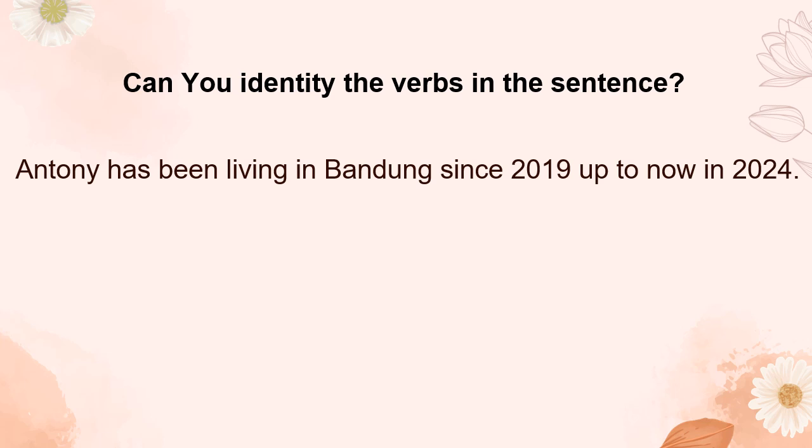Can you identify the verbs in the sentence? Anthony has been living in Bandung since 2019 up to now in 2024. What is the verb? Has is the helping verb.